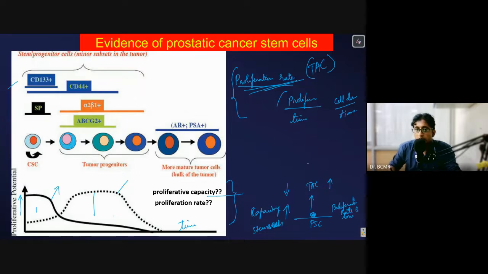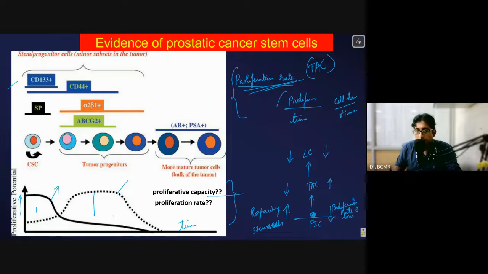And eventually it will form, say, a luminal cell. In a luminal cell, the ability to divide, proliferative capacity, is minimal and proliferation rate is also minimal. I hope you understood this point.